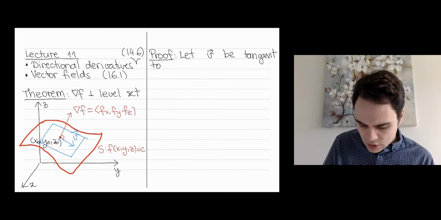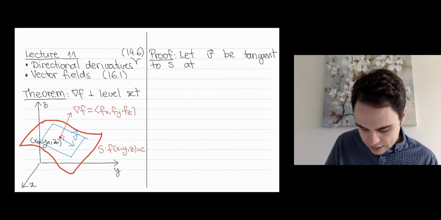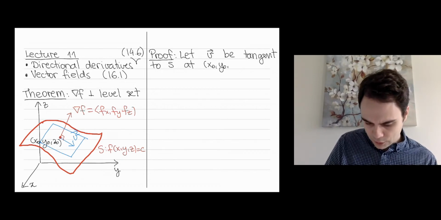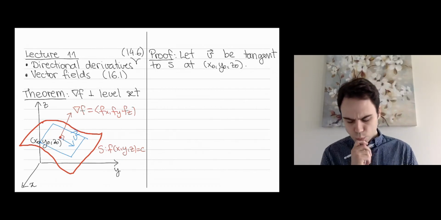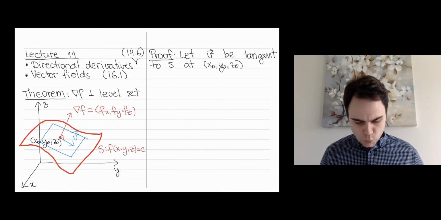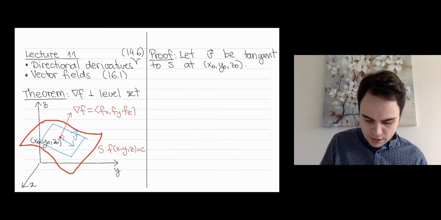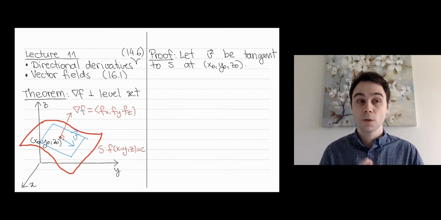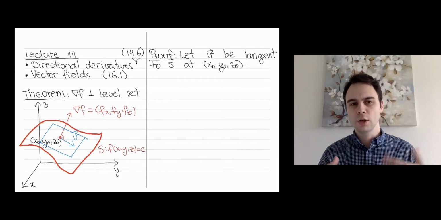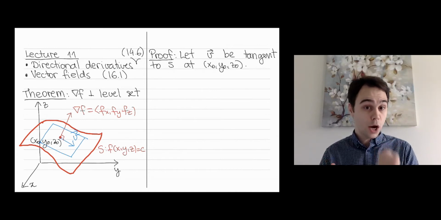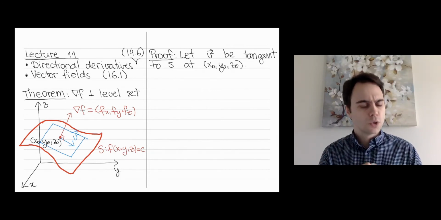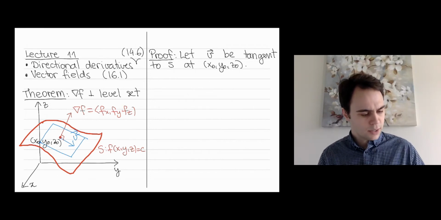Let v be tangent to S at the point where I computed the gradient, x0, y0, z0. Okay, so we want to show that the gradient is perpendicular to v. In algebraic terms, we want to show that the dot product between the gradient and v is equal to 0.